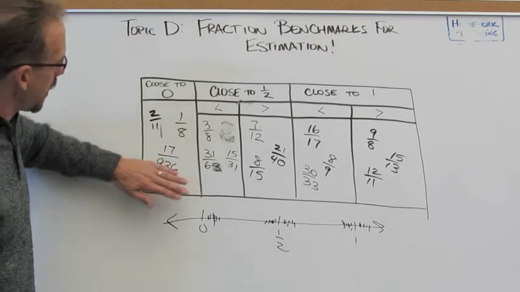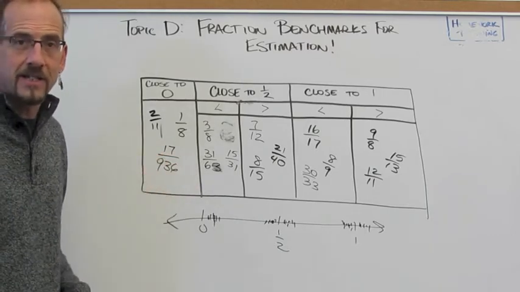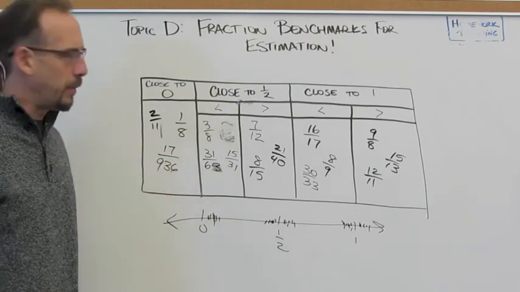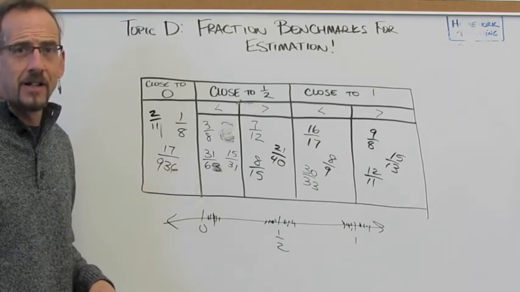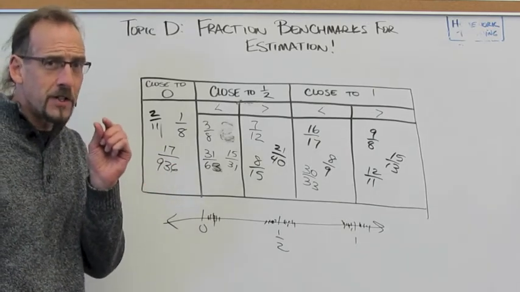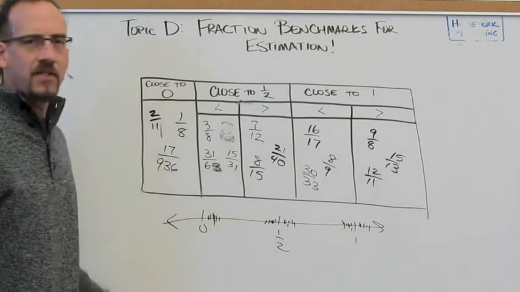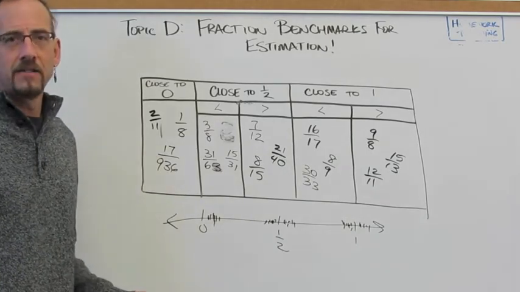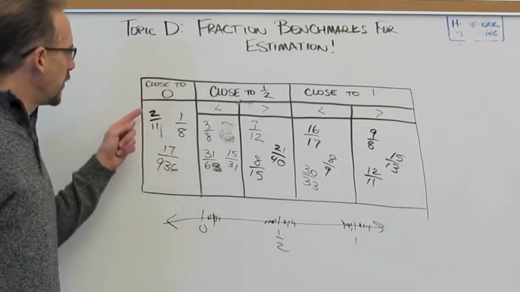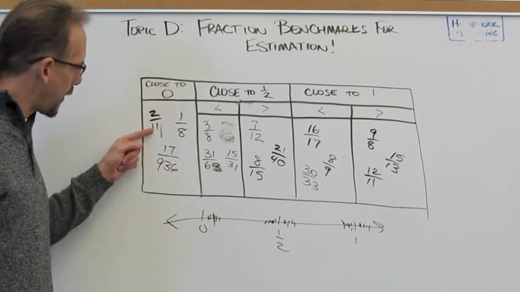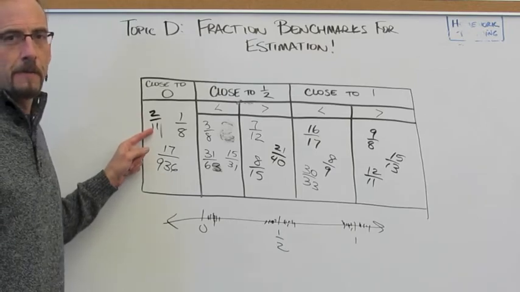But when you compare it to 936, it is a very small number because it means that we've divided something into 936 parts. So those pieces are going to be very, very small. And we only get 17 of them. It's practically nothing. So that's the rule for a fraction that's close to 0. Very small numerator compared to the denominator.